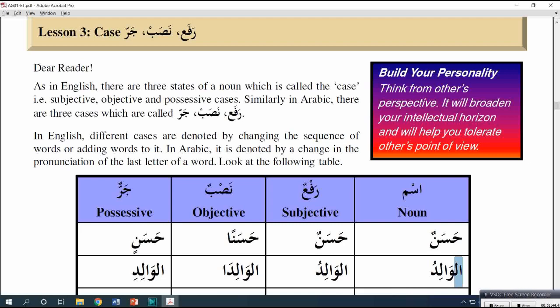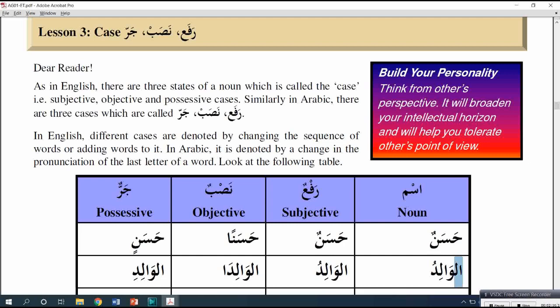Okay, now we come back to Rafa, Nasb, Jar. In English, different cases are denoted by changing the sequence of words or adding words to them. In Arabic, it is denoted by a change in the pronunciation of the last letter.